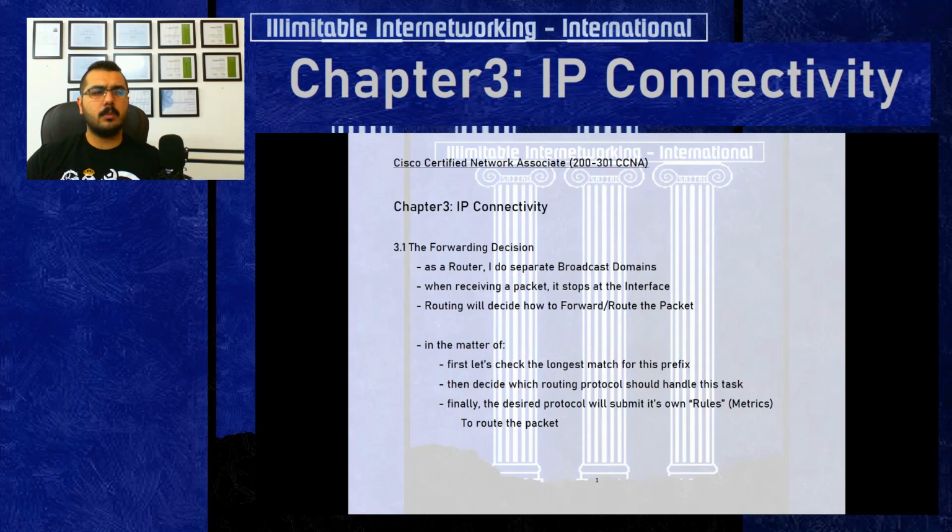The second one will be to use routing protocols to route the packet from device number 1 to device number 2. Okay, so device number 1 that I'm talking about, this is a router, and it's connected to two devices, number 1 and 2.